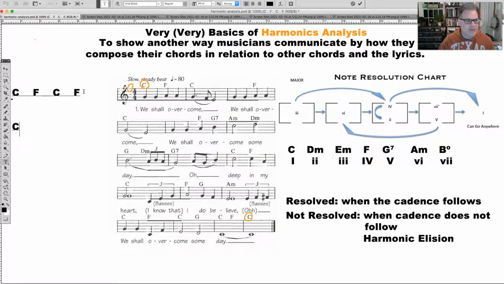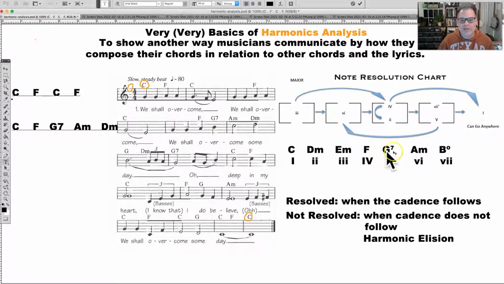So here's another one, C, F. And what's really interesting is when you do this, you start pulling out patterns. We see all this C, F, C, F, C, F stuff going on there. G7, A minor, D minor. And look at this. Look what we're seeing already. We are starting to see chords that we expect.